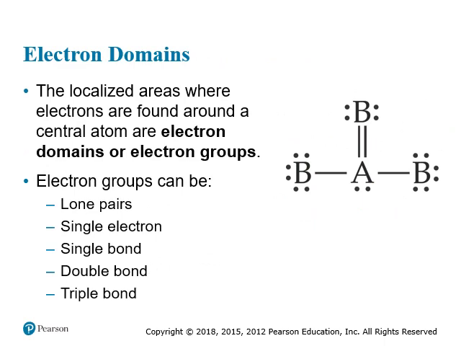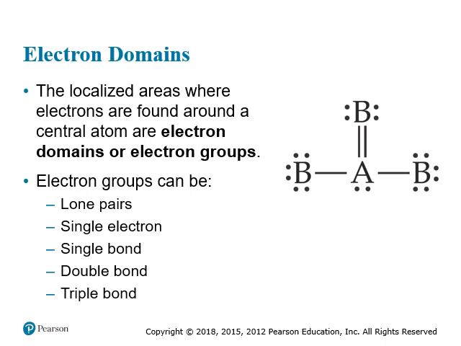Now, to understand the shapes of molecules, we first need to understand the nature of the electrons that are surrounding our central atom. Around a central atom, we can have many types of electron orientations. We can have lone pairs. We can have single bonds. We can have double bonds. We can have triple bonds.